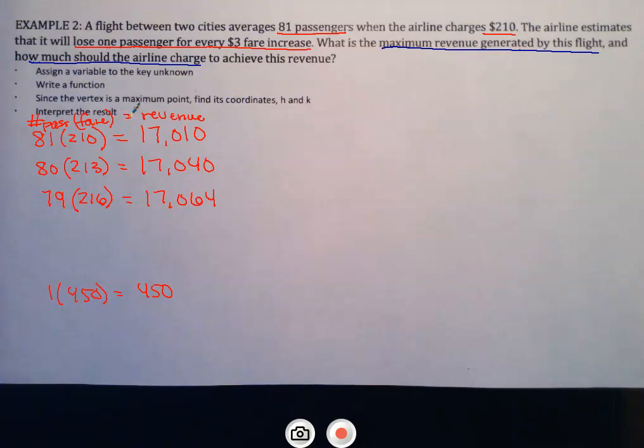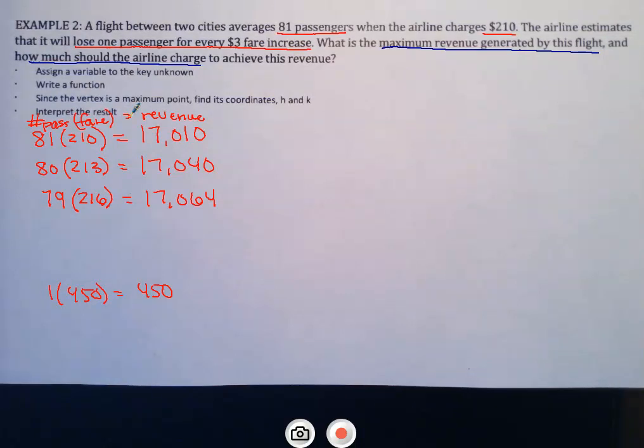So when we're looking for the key unknown, what's the thing that everything else hinges on? The revenue. The fare. Passengers. It could hinge on some. We have 3 things, and it could hinge on all 3. But ultimately, think back through it. The revenue, where do we get the revenue from? The number of passengers and the fare.